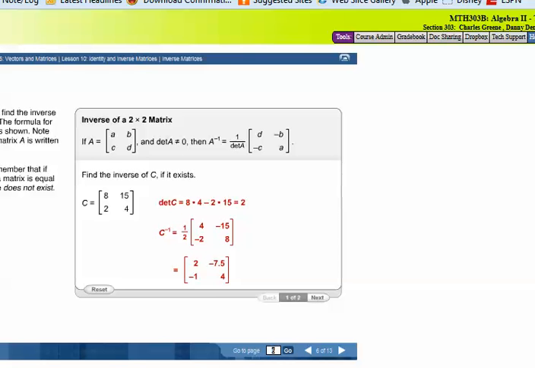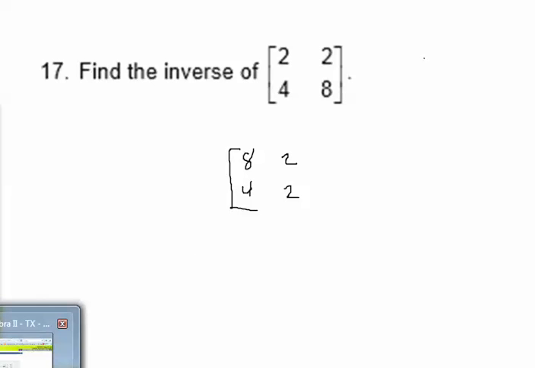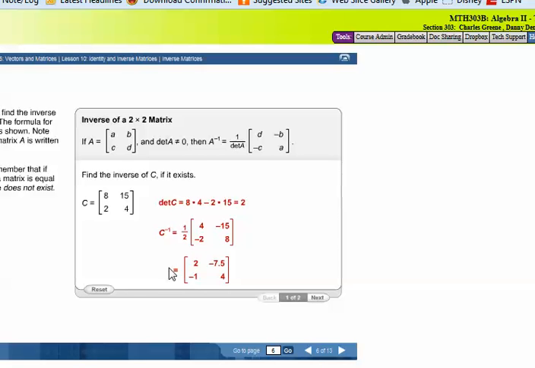Okay? Let's see here. That would be like this one. If I wanted to do this one, I'm going to swap it around. It's going to be 2, 4, 8. I believe it is. Let's make certain. I always make certain I try to get this right, because this is the one that really confuses me a lot.